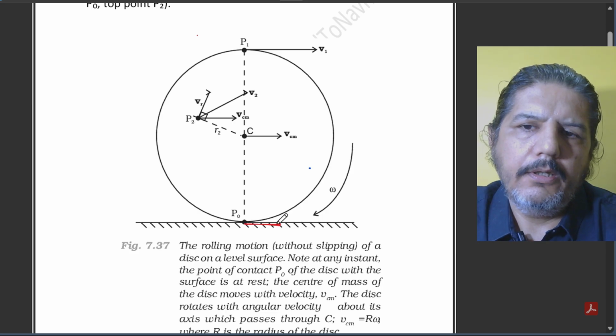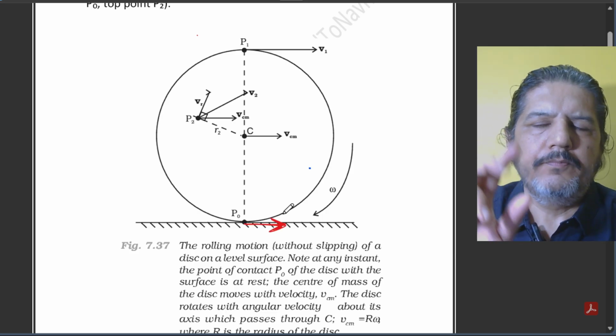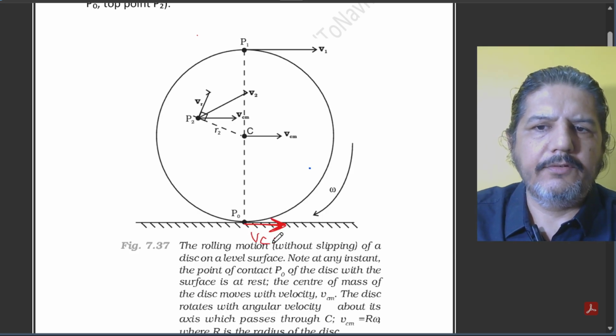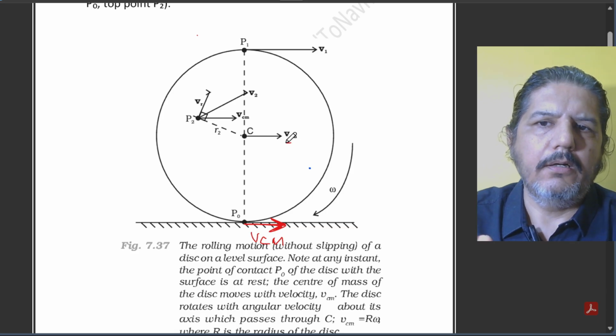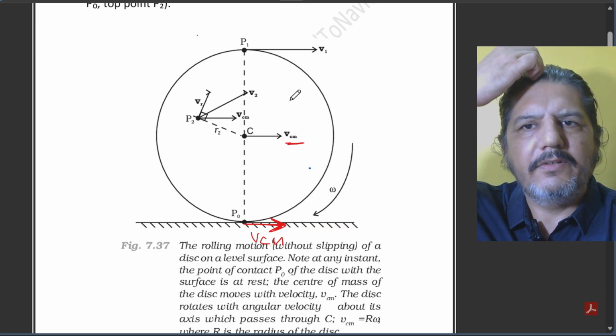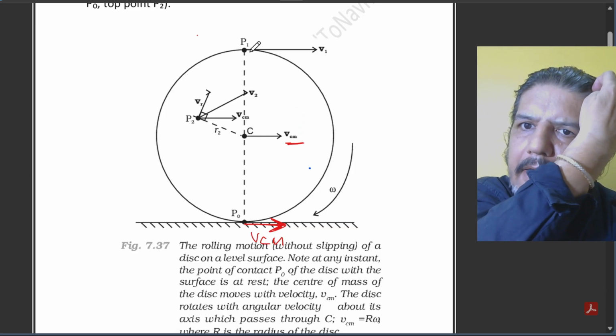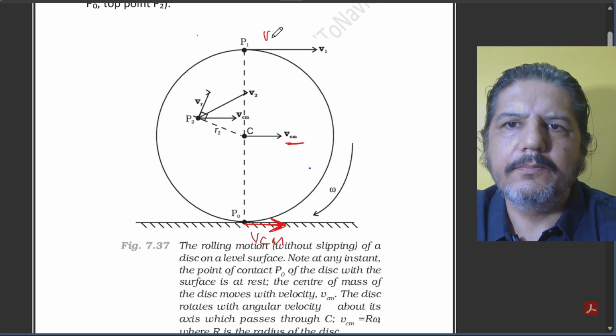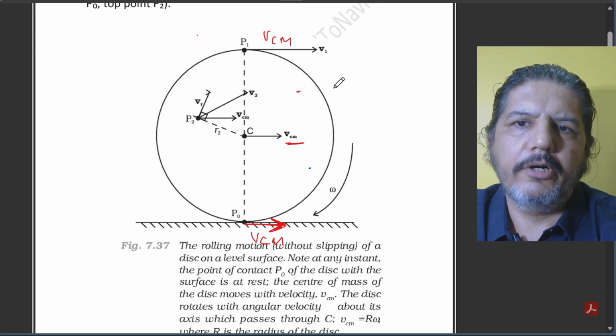At P naught, the VCM would be the same. At C, the velocity would be VCM, velocity of center of mass. At P1 also it would be VCM. At this point also it will be VCM. At this point also it is VCM.